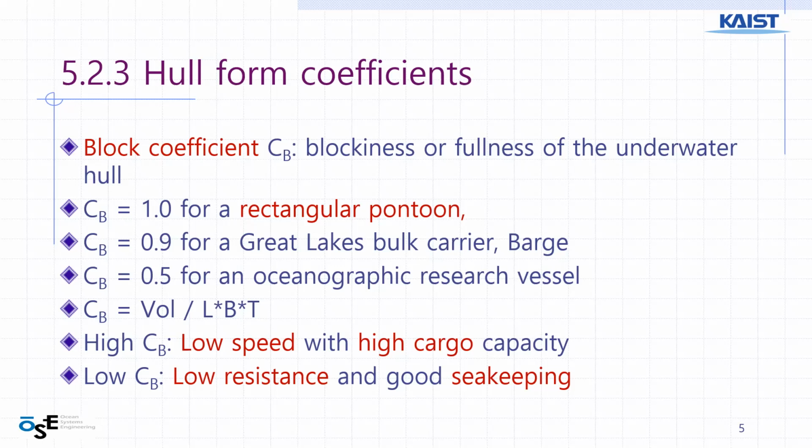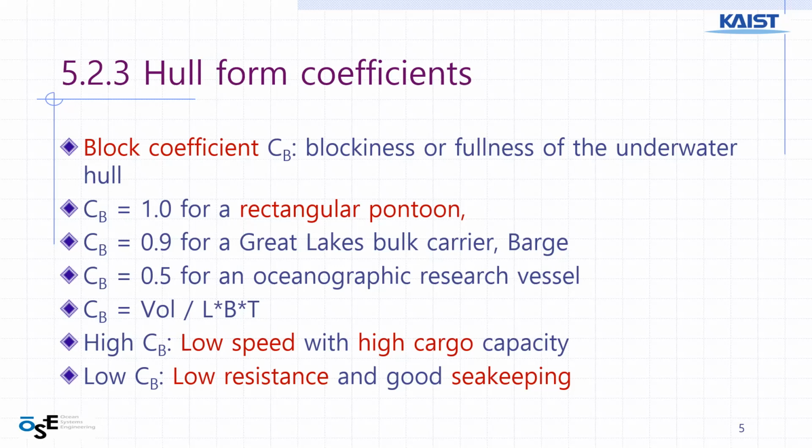So that is the definition of block coefficient. So high CB, same as 1.0 or 0.9, usually gives you a box-shaped ship with low speed. But because the volume is higher, you can carry more cargo than low CB.